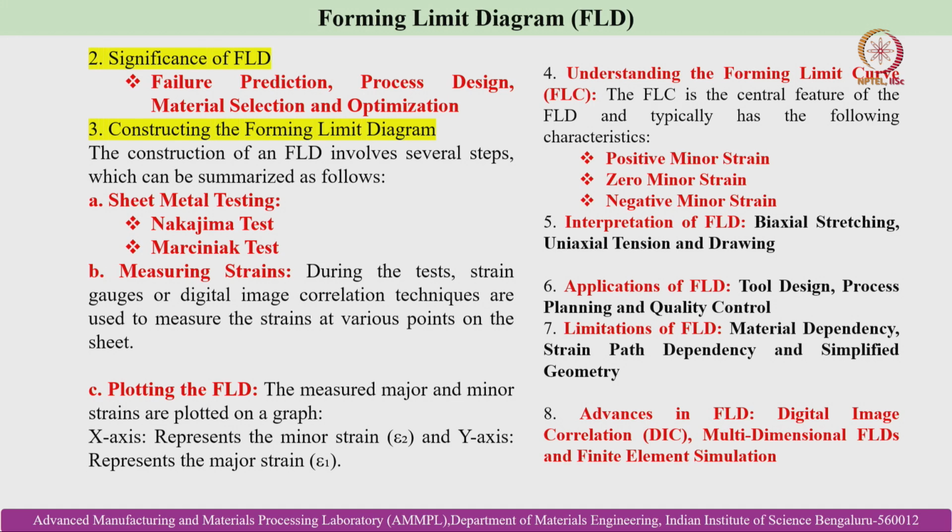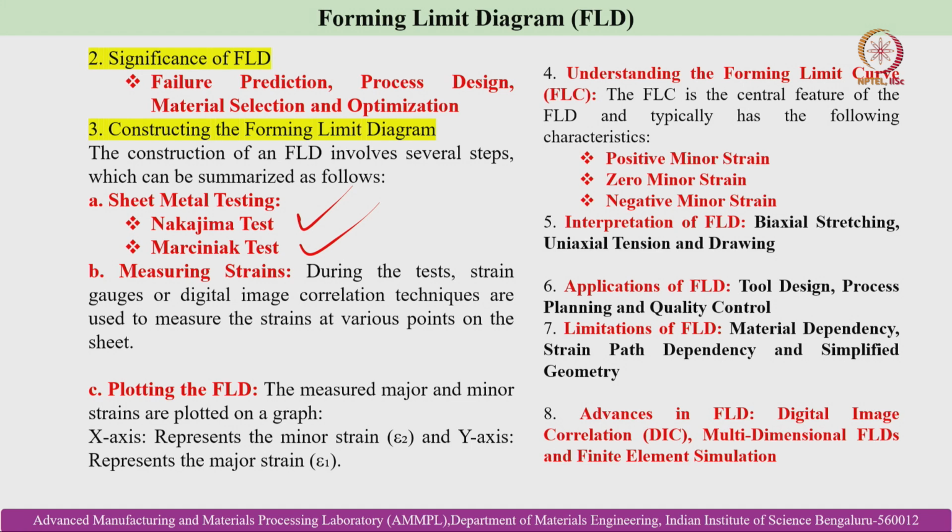The significance of FLD is failure prediction, process design, material selection and optimization. Constructing the forming limit diagram involves several steps. First is sheet metal testing as per the Nakajima test and Marciniak's test. These tests are named after their inventor scientists.